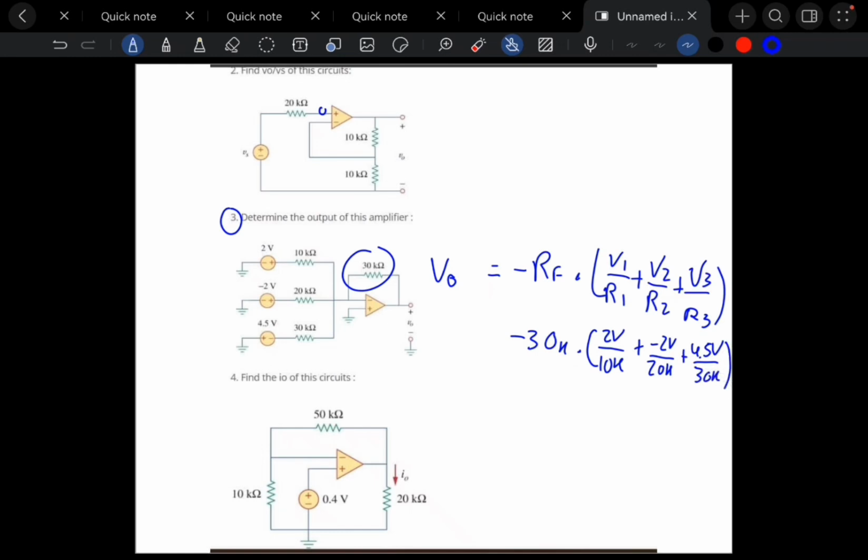Okay, so the final result will be V0 equals minus 30k times 0.25 mA, which will be minus 7.5 volt. Okay, that's for number 3.